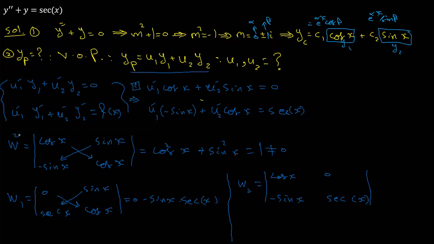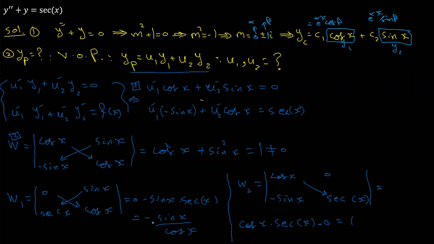Second step is to find those three W's: W, W1, W2. Now this answer will be this by this, so it is cosine x times sec x minus 0. Cosine times sec is what? It is 1, because sec is 1 over cosine. And by the way, sine times sec is negative sine over cosine.